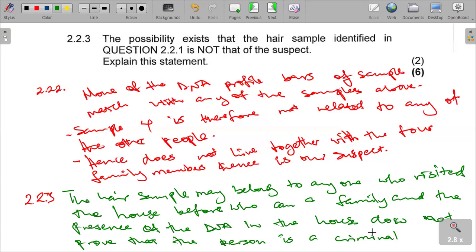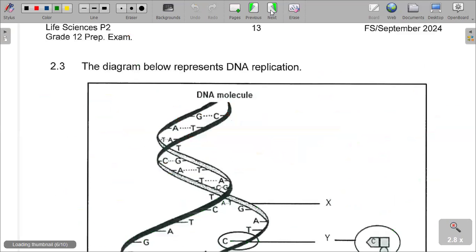It cannot prove that the person is a criminal, class. So it might happen that someone visited the place before the crime. It might also happen that the DNA sample was planted by someone just to cause drama and problems for somebody, in order to implicate a family, I mean, some other people.